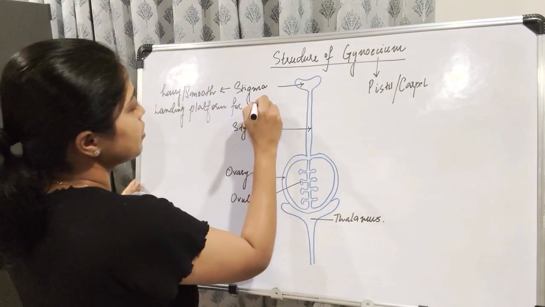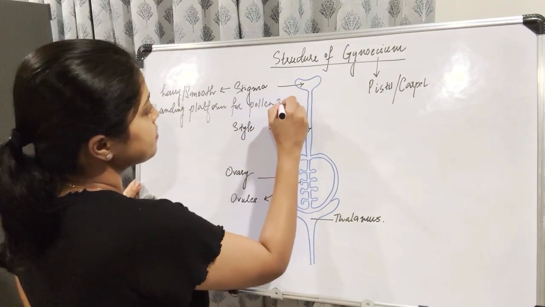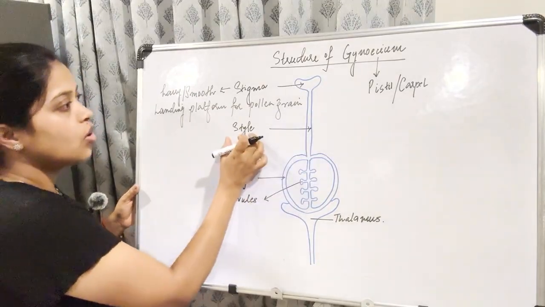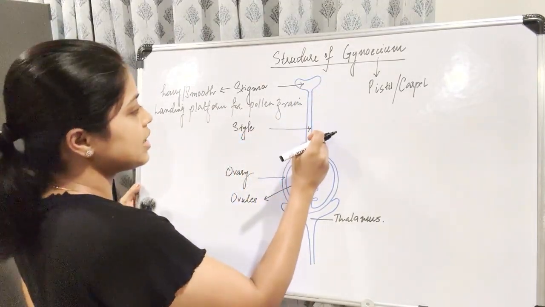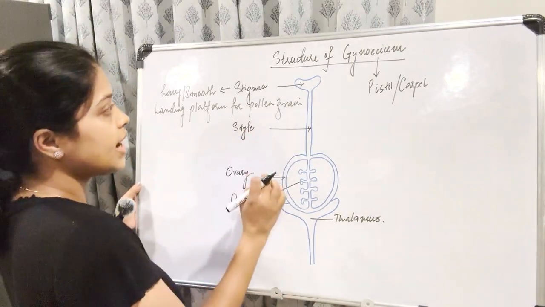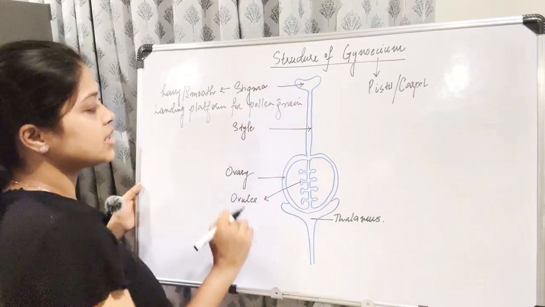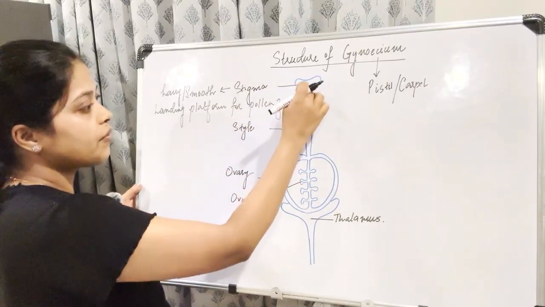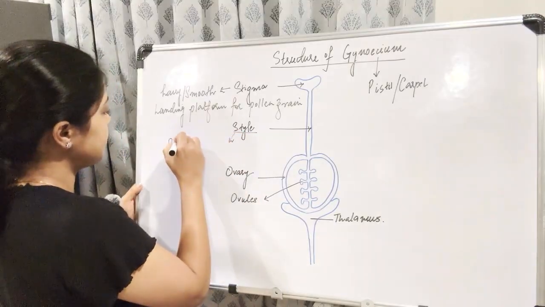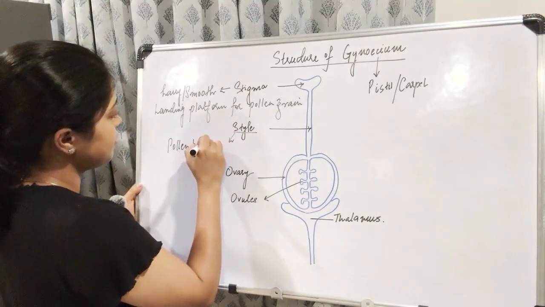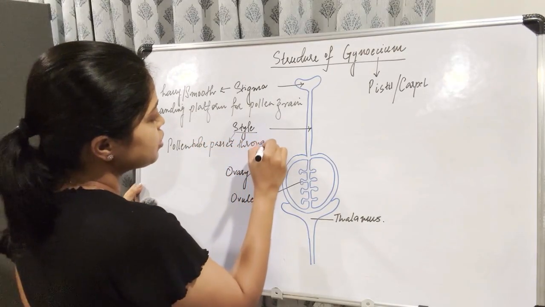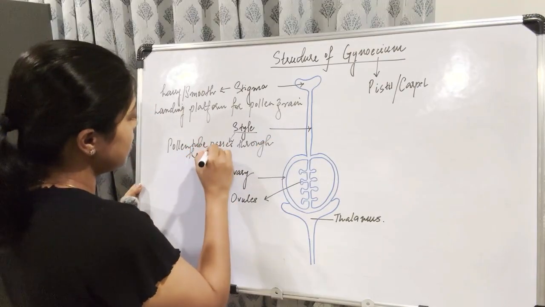Then we have the style, the long, elongated, slender structure, the stalk is the style. The style connects the ovary and stigma. It is the region from where the pollen tube passes through. So the pollen tube passes through the style.